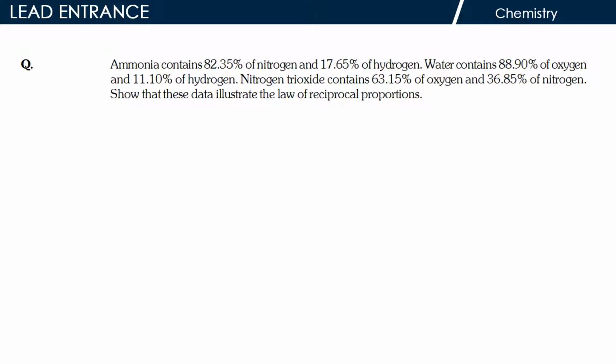Water contains 88.90% of oxygen and 11.10% of hydrogen. Nitrogen trioxide contains 63.15% of oxygen and 36.85% of nitrogen. Show that these data illustrate the law of reciprocal proportions.